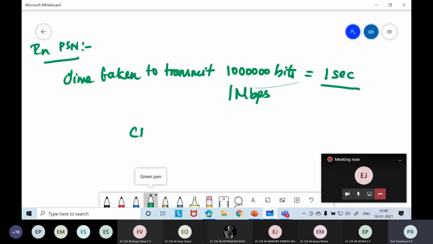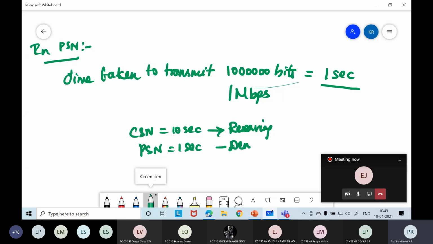So in the case of circuit switch network it was 10 seconds, and in case of packet switch networks it was just 1 second. Here all of them are reserving this 1 Mbps link, where here it is just based on the demand.